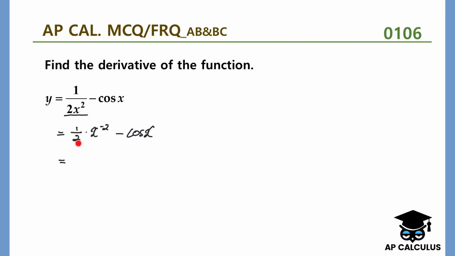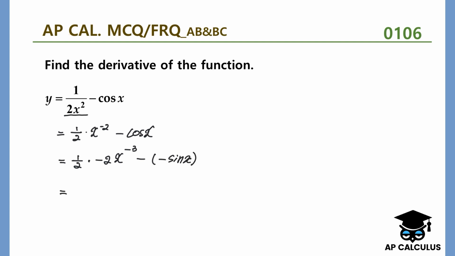Leave this one alone and apply the power rule to find the derivative of this expression. So that's going to be 1 over 2 times negative 2x, subtract 1 from negative 2, so negative 3, right? And the derivative of cosine is what? It's negative sine, right? So negative times negative sine.